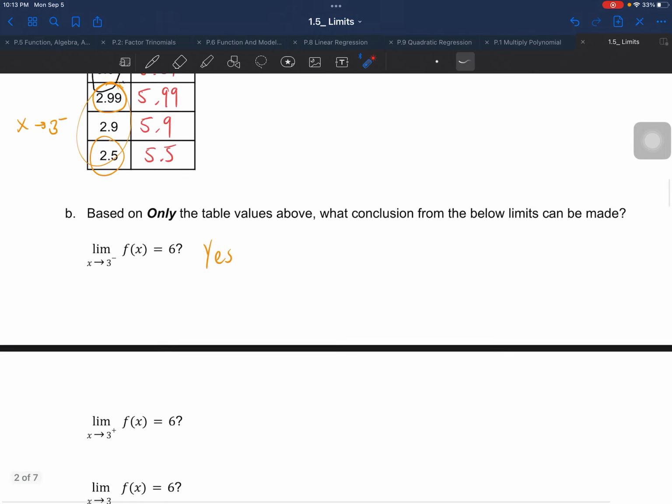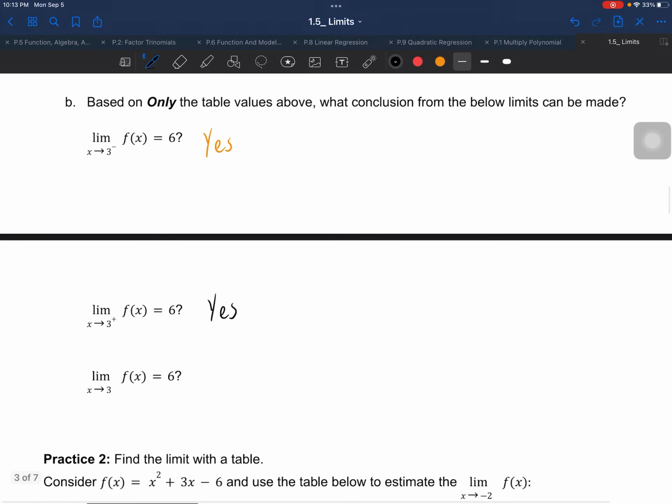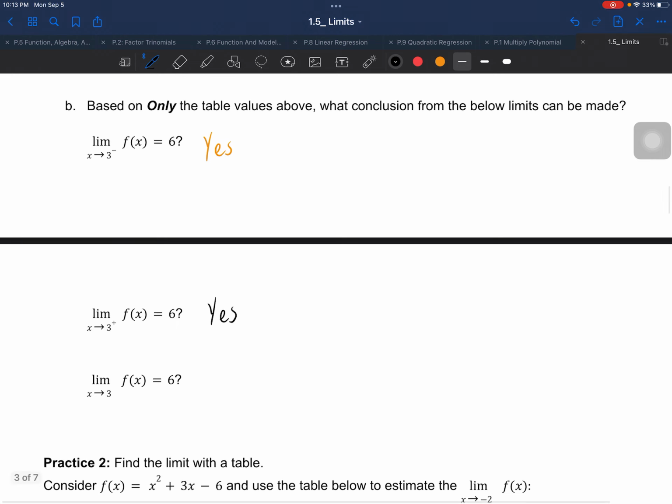So it seems like it is also approaching 6. Yes, right? So the conclusion now is, well, is the limit of the function as x approaches 3 equal to 6? And the answer is yes.